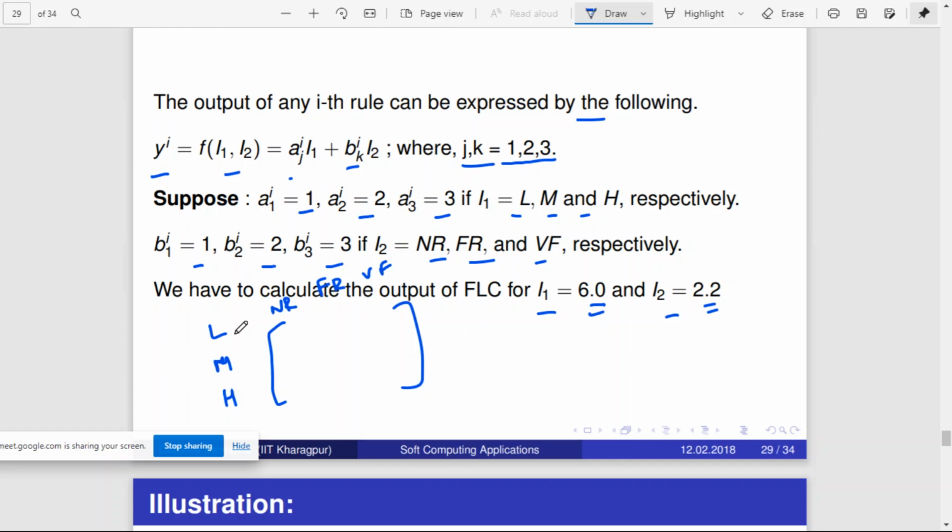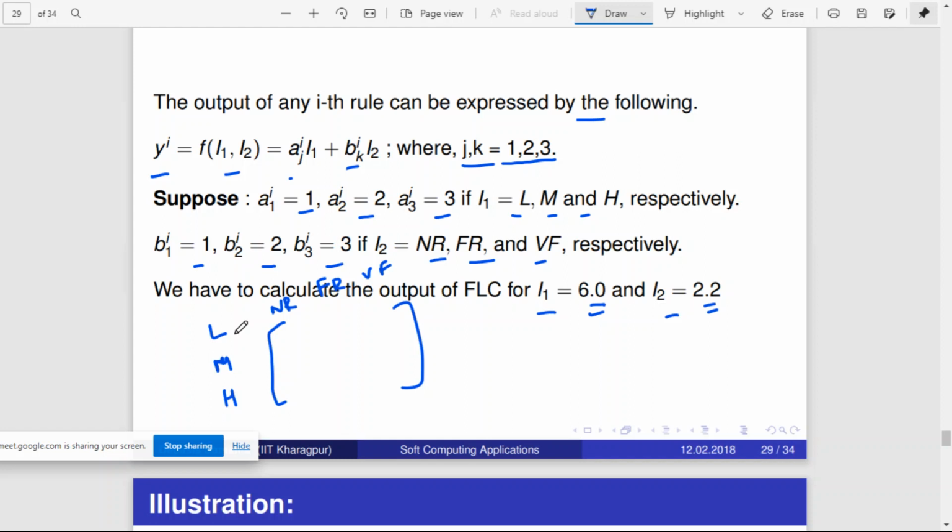There are some parameters for L, M and H: the parameters are A1, A2, A3. For near, far and very far we have parameters B1, B2 and B3.